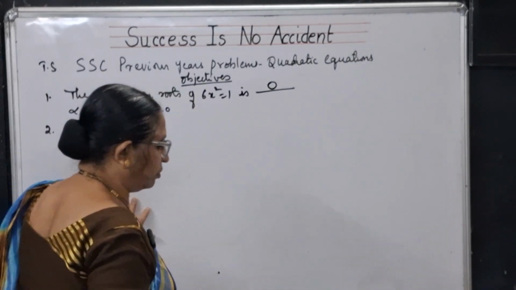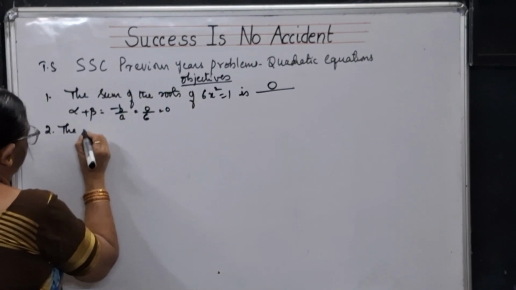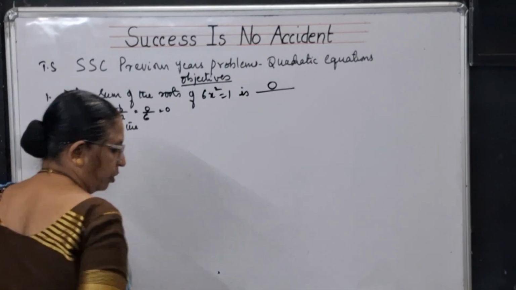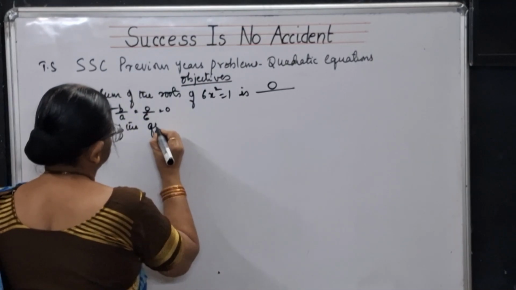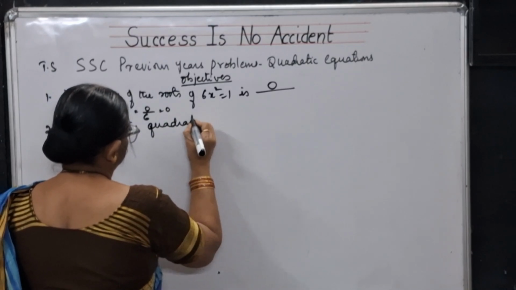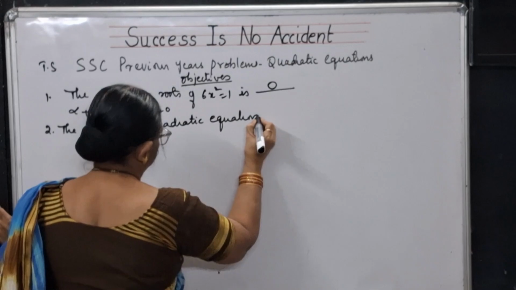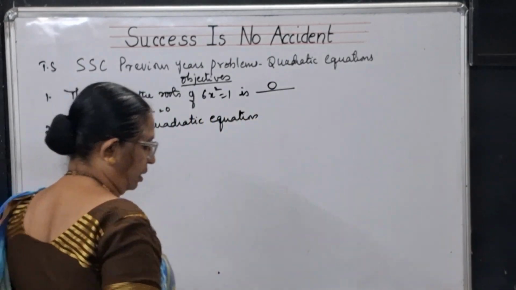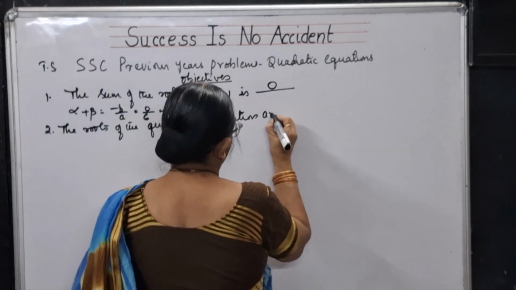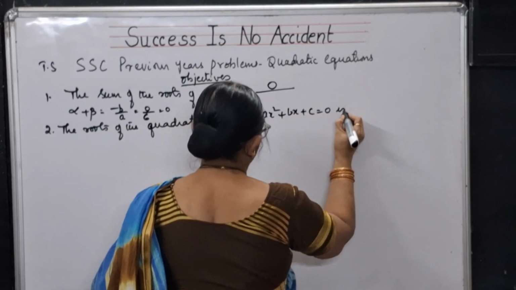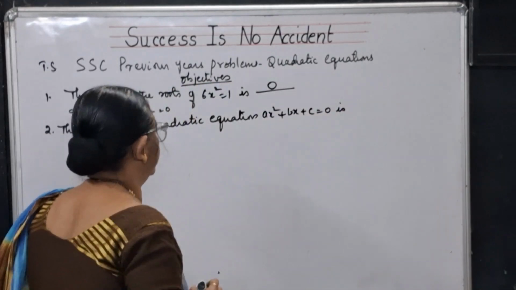Next, the roots of the quadratic equation ax square plus bx plus c is equal to 0 are, what is this, children?